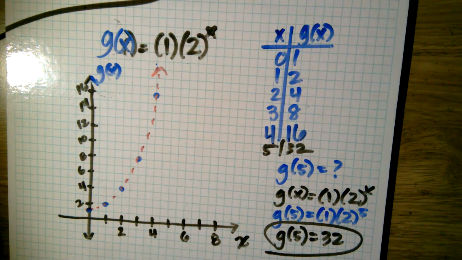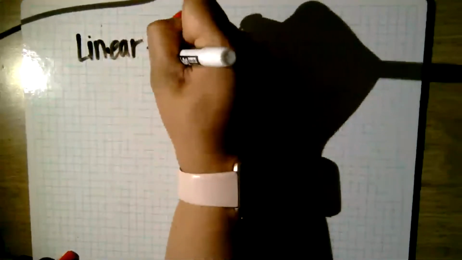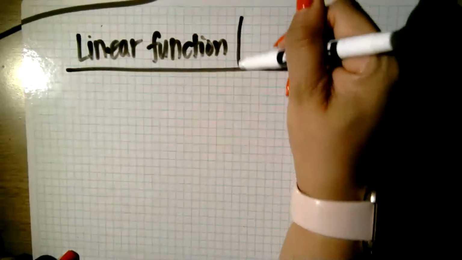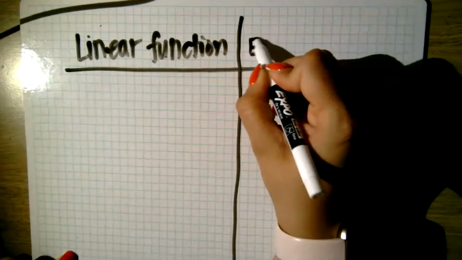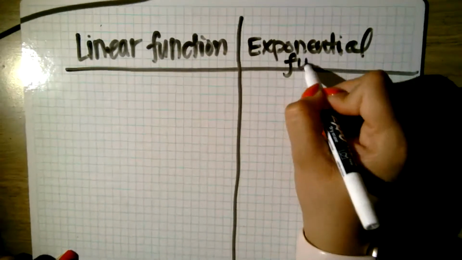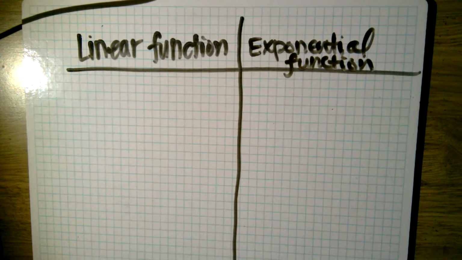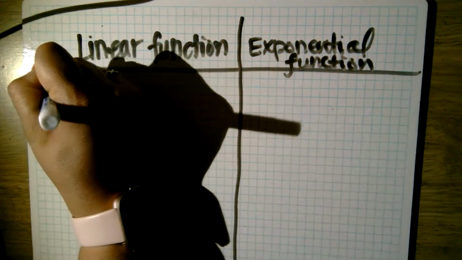So here you go. These are an overview of linear and exponential functions. A quick overview to summarize this video. If you have a linear function, and then I'm going to also compare exponentials. Okay, so if you have a linear function, you have a constant additive.